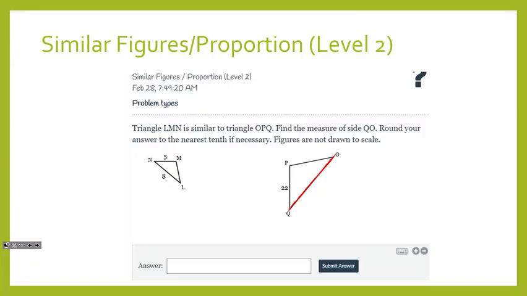Round your answer to the nearest tenth if necessary. So we've got triangle LMN and triangle OPQ.